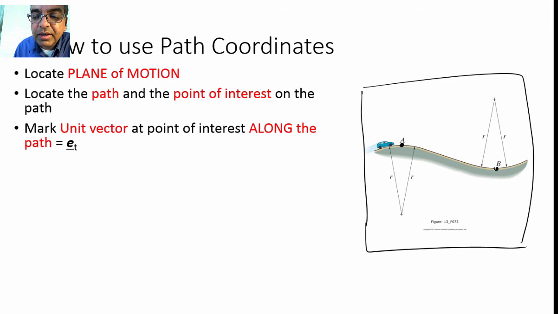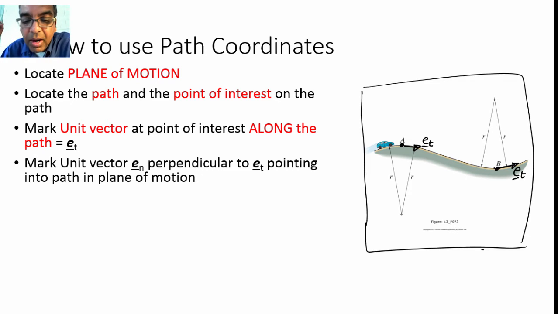Mark the unit vector at the point of interest along the path. That is called ET. So I'm going to mark the unit vector ET, and then I'm going to go here and mark the unit vector ET. I'm going to mark it in the direction in which the vehicle is going. Don't mark it in the other way. Then mark the unit vector EN perpendicular to ET.